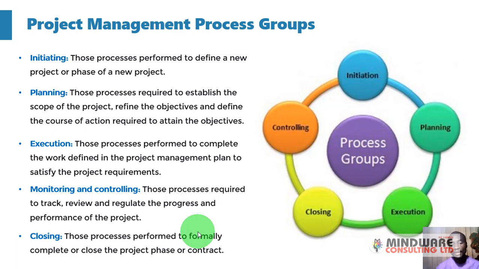So when you have finally come up with the requirements, or something that looks exactly like the requirements of what you have in the planning or in the project management plan, at this point in time you can start rounding off the project or the phase. So these are the process groups in project management.